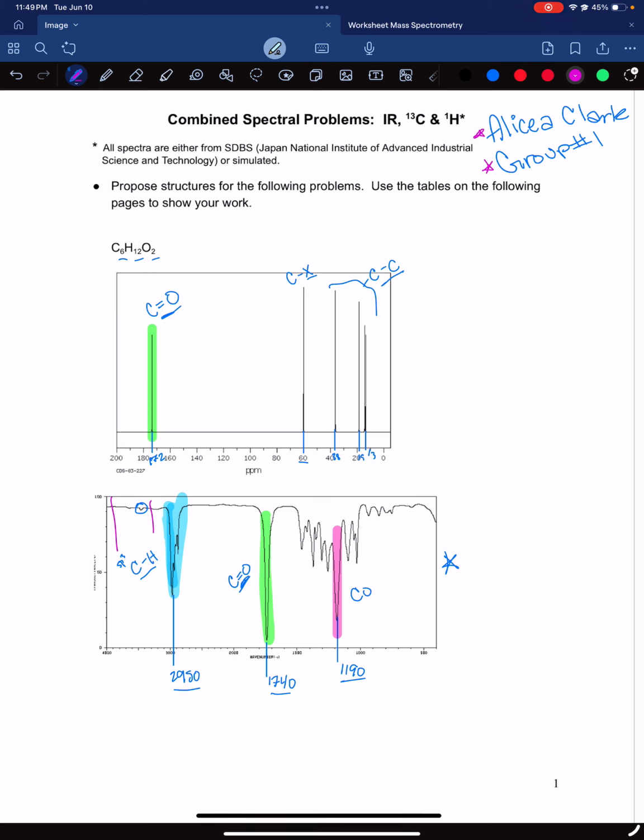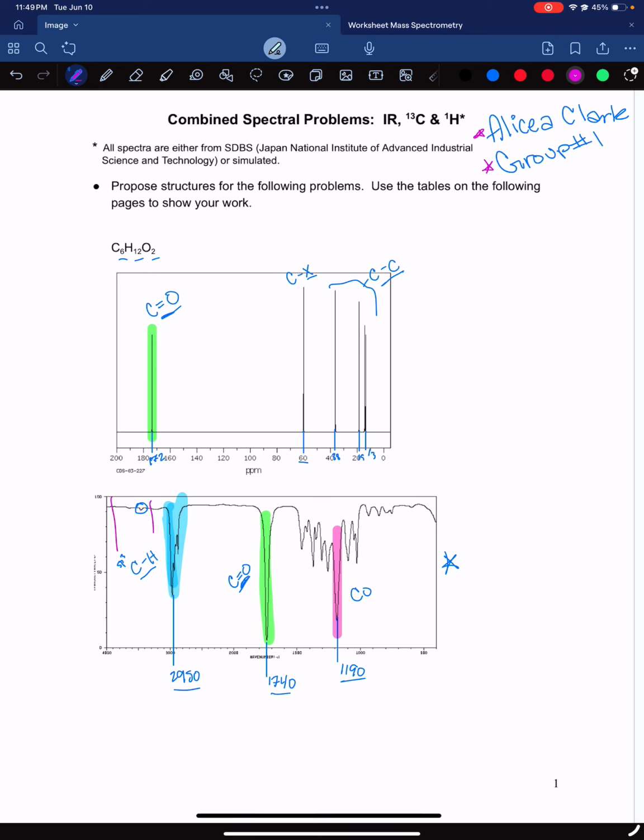So I know that it is an oxygen because that is the only heteroatom available to me right now, but I just mark it as X as part of my beginning thought process. I also have three other spikes between 0 and 40, so I know that these are carbons bonded to other carbons.